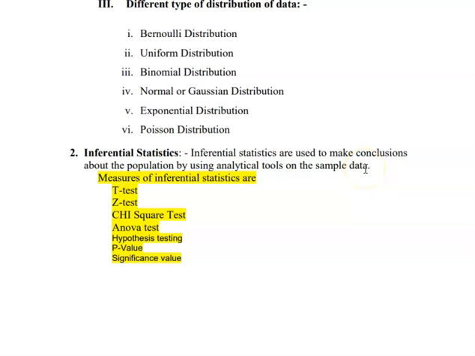So how far is it correct, right? That is the question, because we are not working on the entire population. Instead, we are just working on the sample. That is what we need to understand. So under inferential statistics, we will come across concepts like p-value and significance.